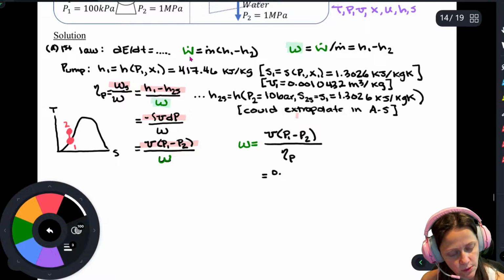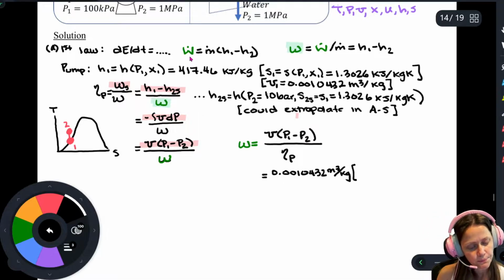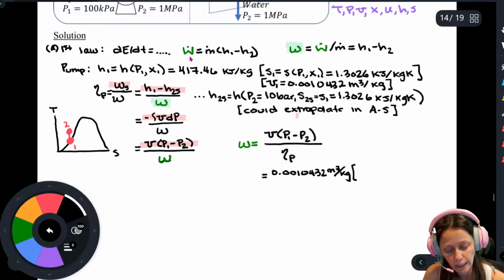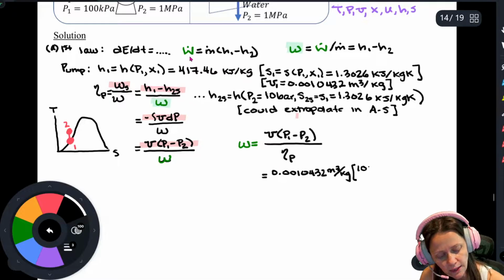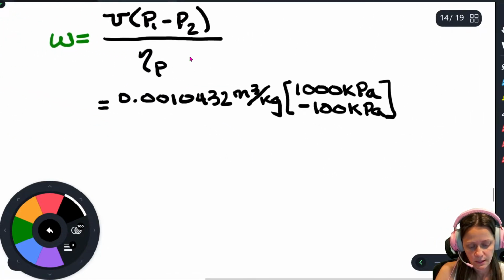So this is 0.0010432 meters cubed per kilogram, and then your P1 minus P2. So I'll give you a hint. If you're in SI units, if you put your pressures in kilopascals, the units are going to work out right here, but I'm going to show you why. So you have 1,000 kilopascals, 1 megapascal, 1,000 kilopascals minus 100 kilopascals. Now I think I need to zoom in here, probably.